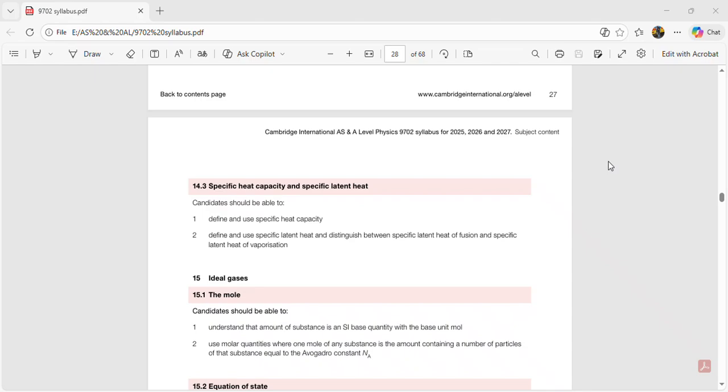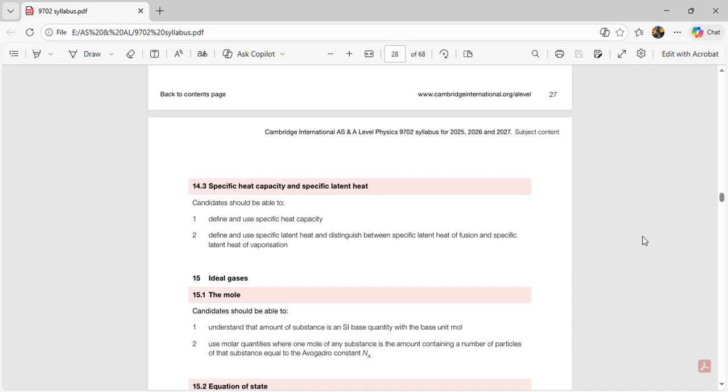Hello guys, we go through the physics syllabus for AS level and A level, A2 content. The syllabus is here.